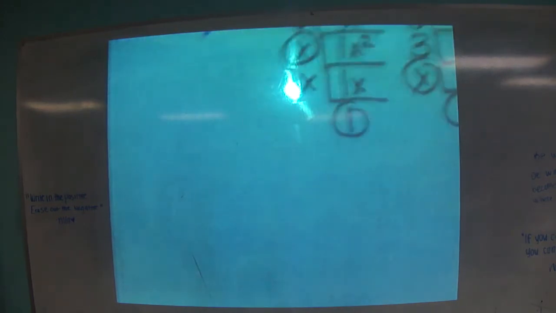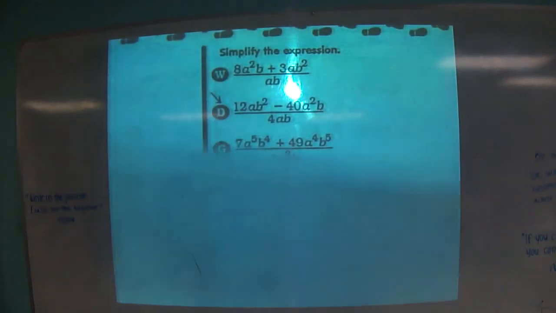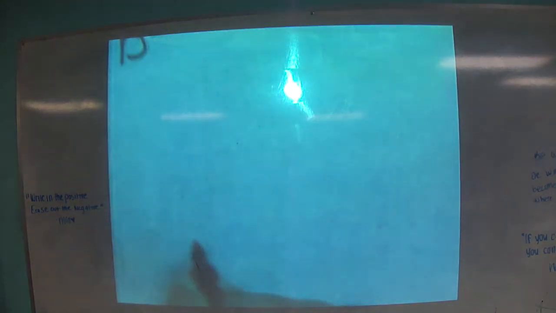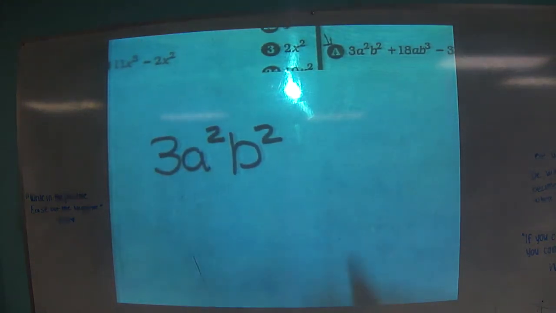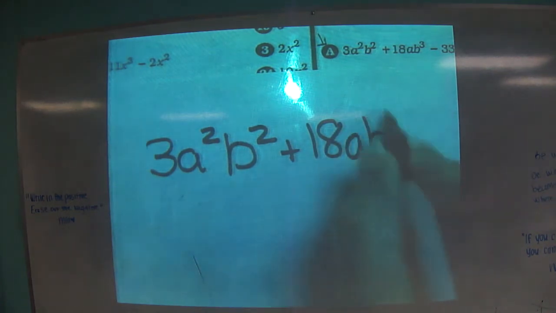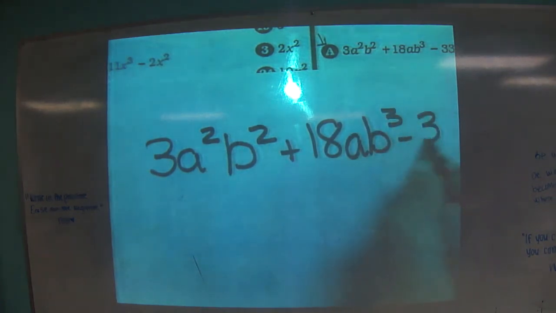Deal? So now, if you look at one like A, on the other side I did A's. That's because I wanted you all to get them. B's, 3a squared b squared, okay, plus 18ab to the third minus 33b to the fourth.